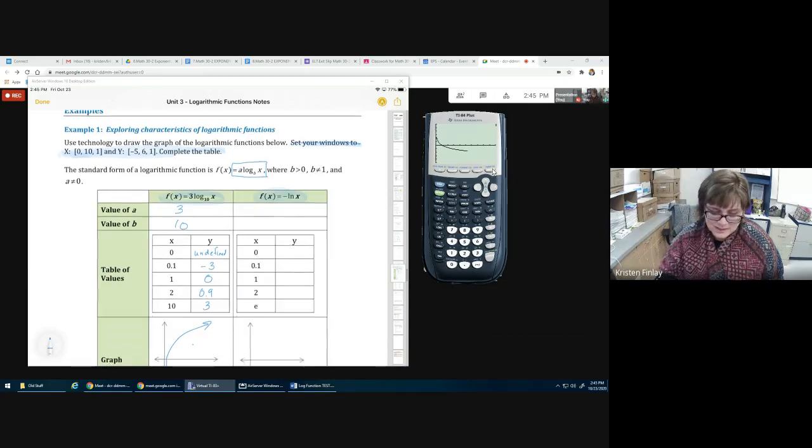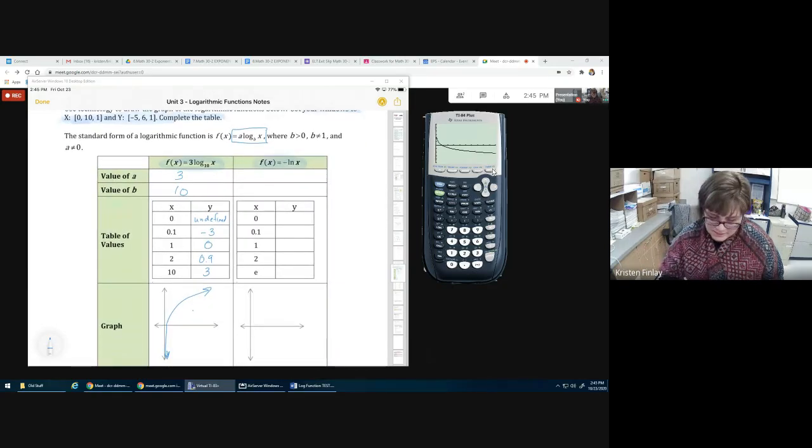We get a different shape, probably because we made it negative. The value of a in this function is -1. Value of b, well, it's a natural log, so it's going to be e, Euler's number. Now let's fill in the table of values using trace and value.